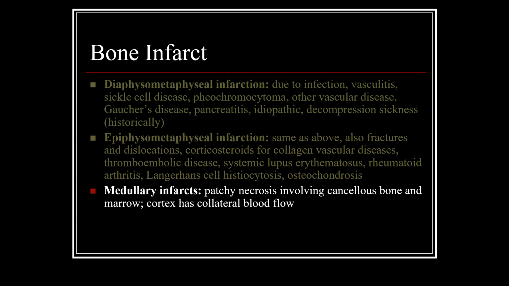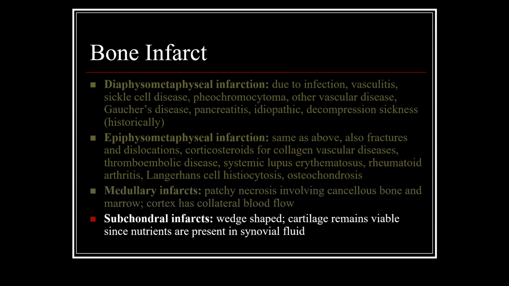If you just get a pure medullary infarct, these are more likely related to some sort of embolic disease or something of that sort, because of the location and so forth. And then subchondral infarcts, these can be wedge-shaped and so forth, whereas the cartilage will remain viable because that's provided nutrition by the synovial fluid. So just sort of characterizing the different locations where you might see those.